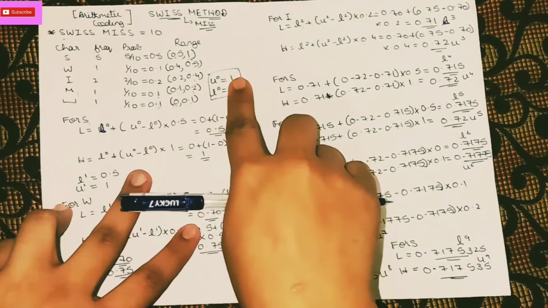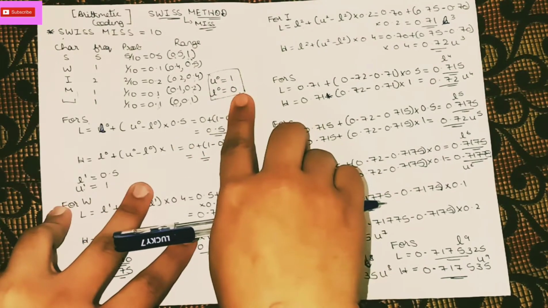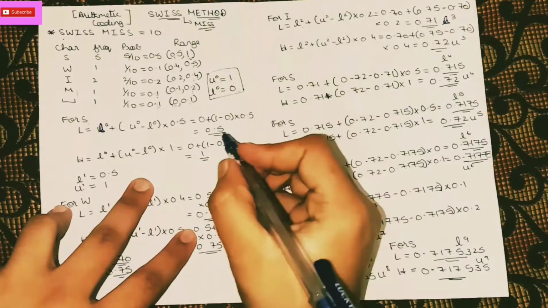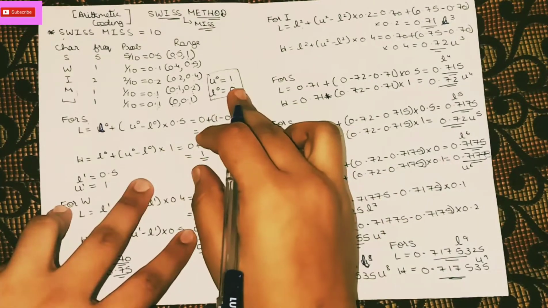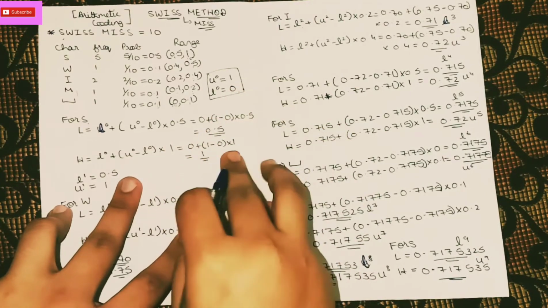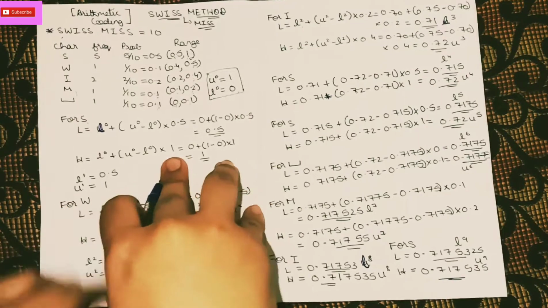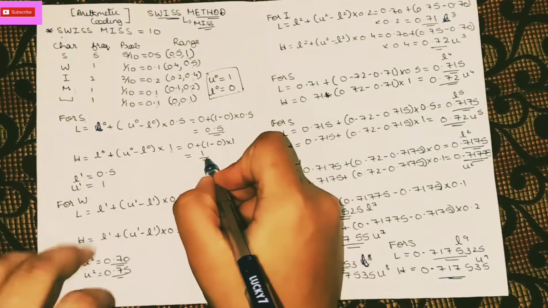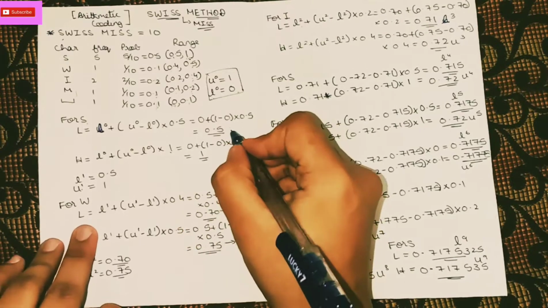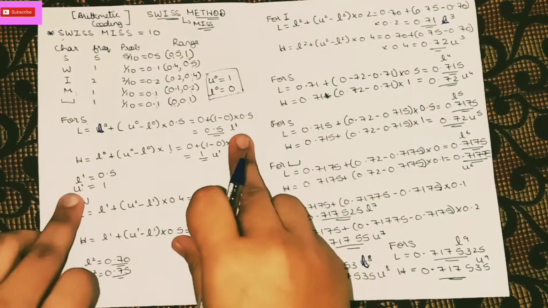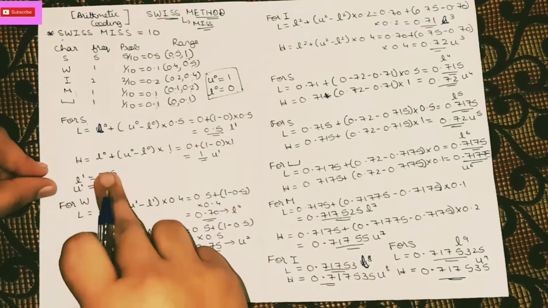The U raised to 0 and L raised to 0 values are given. You need to remember this; it will always remain the same. Here it is the upper range, which gives 1. So we got the L dash and U dash values. Write those down.